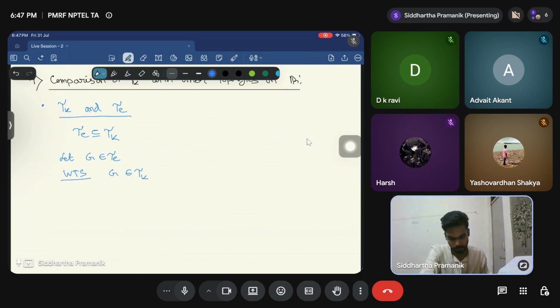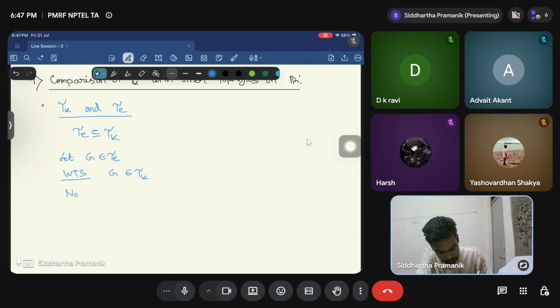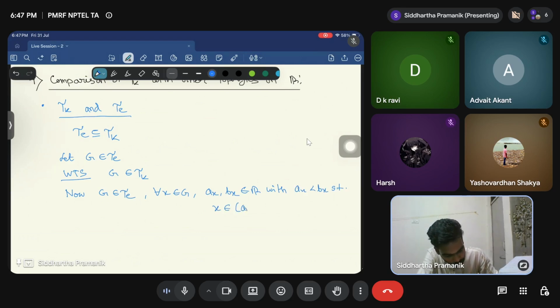So how to show this? Now G belongs to tau e. This will imply for every x in G, you will find some ax, bx in R with ax less than bx such that x belongs to the open interval (ax, bx), and this is a subset of G. This is from the definition of the usual topology.